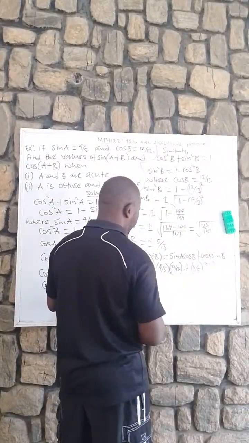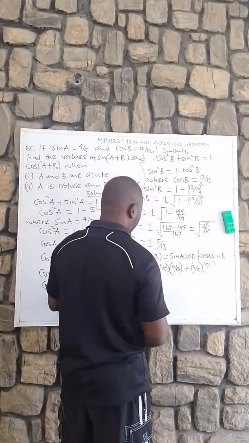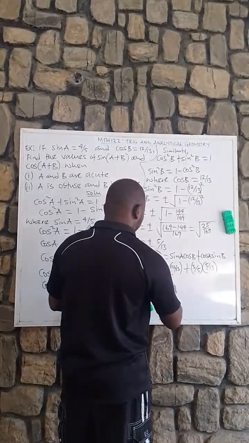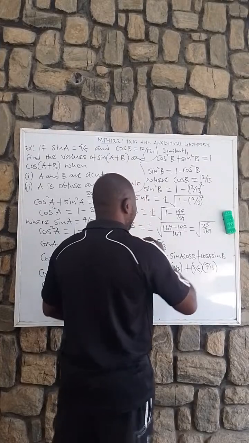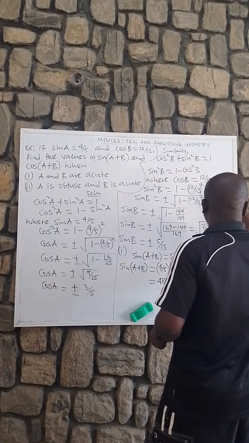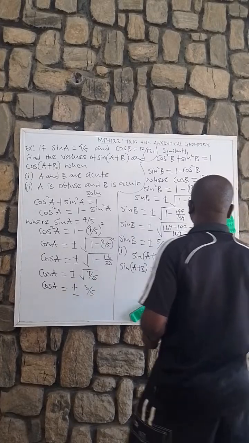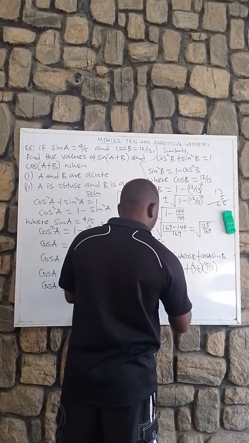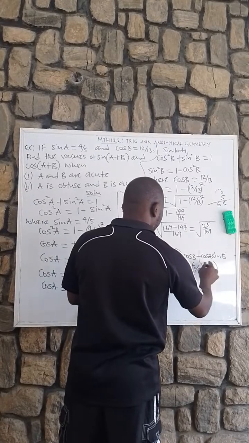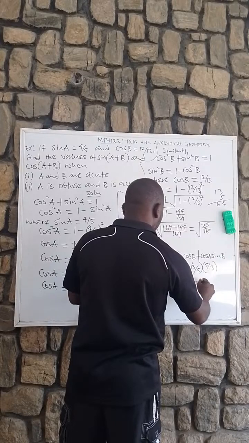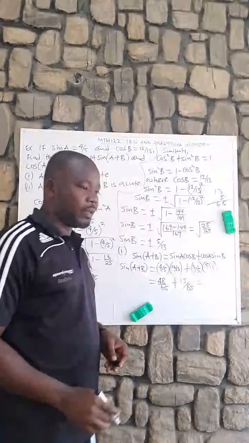So here, use this to multiply. We are going to have 48. Now 13 times 5, 65, right? All over 65 plus 15 all over 65. Am I right?